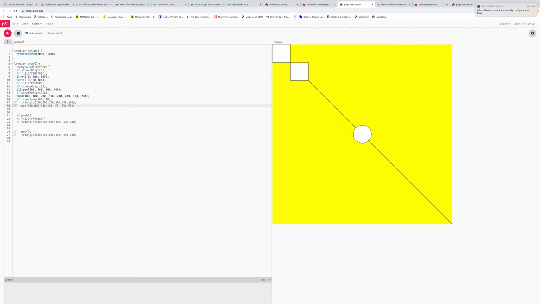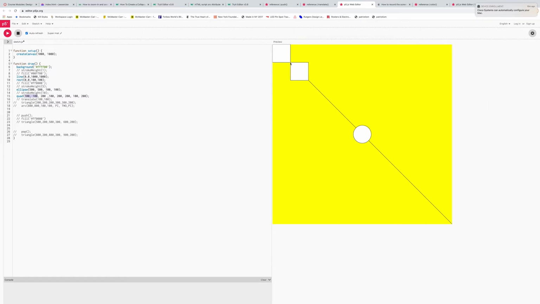which lies outside the rigid parameters of a square and a circle. So right here, I've created a shape that has 1, 2, 3, 4 sets of coordinates. Now again, our first set of coordinates are going to identify that top left corner of our shape. And so I've identified the top left corner at 100 by 100 pixels.